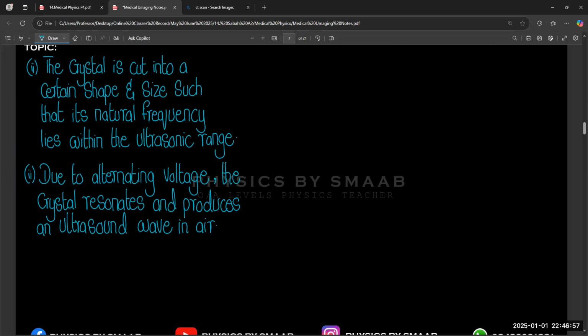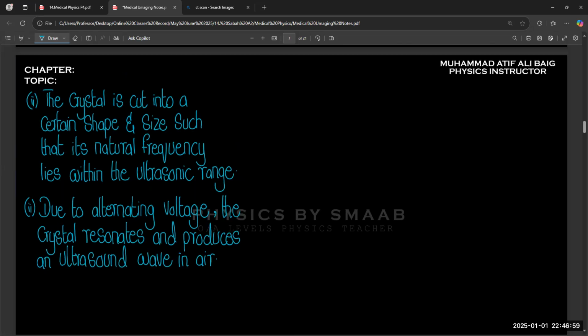So basically this is the process by which we generate these ultrasound waves.